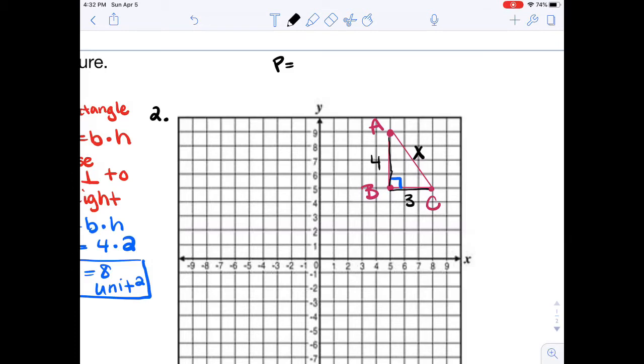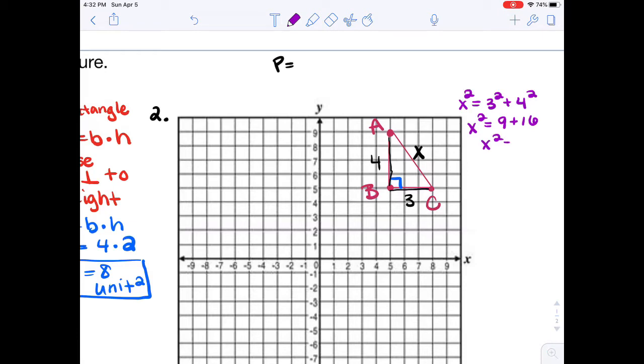If you remember from before, we had a way to figure out that hypotenuse, that unknown side. It was the Pythagorean theorem. So we could say x squared equals 3 squared plus 4 squared. 3 squared is 9, 4 squared is 16.